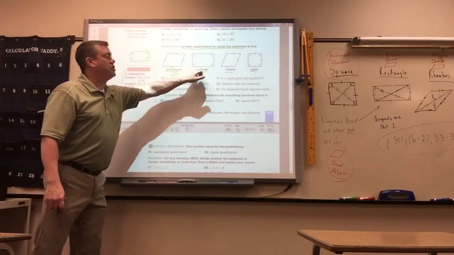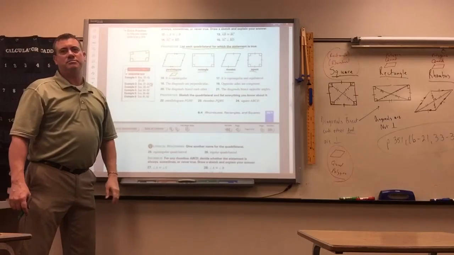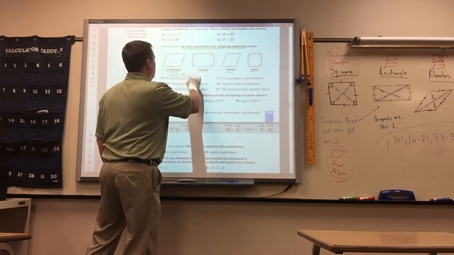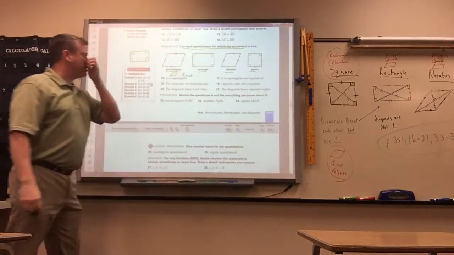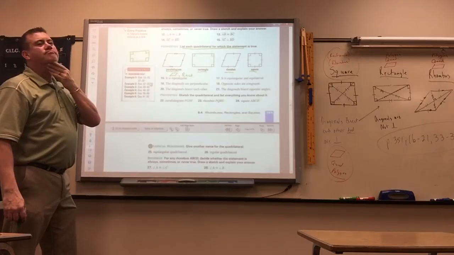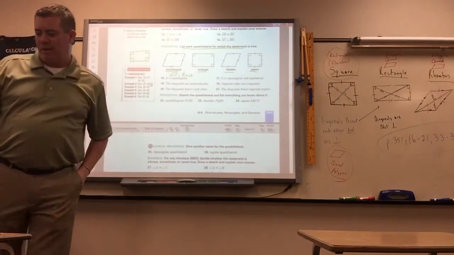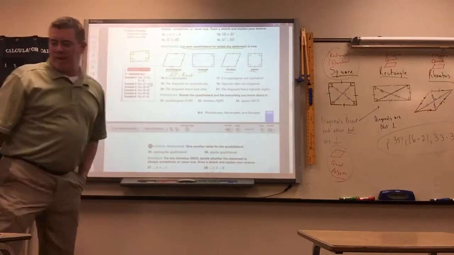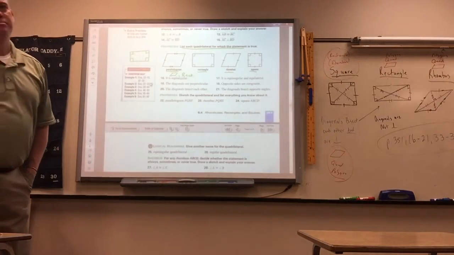So, could you call it a rectangle? Yes. Could you call it a rhombus? Do we have to do all of them? Or just one? Because the rhombus could be a square. Like for each one of these, do we have to write every one that works? But see, it could be.